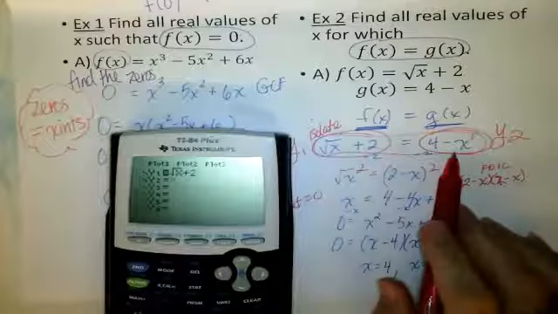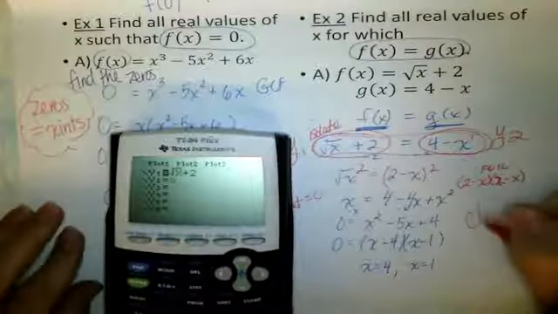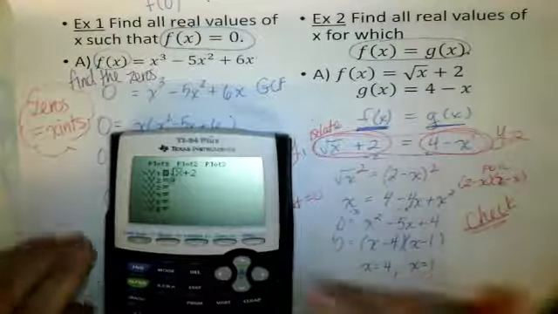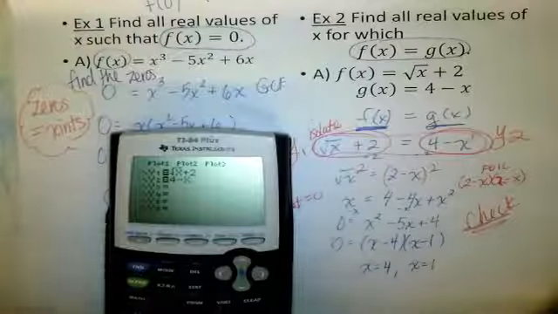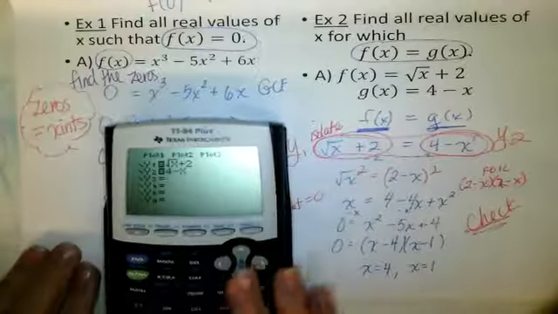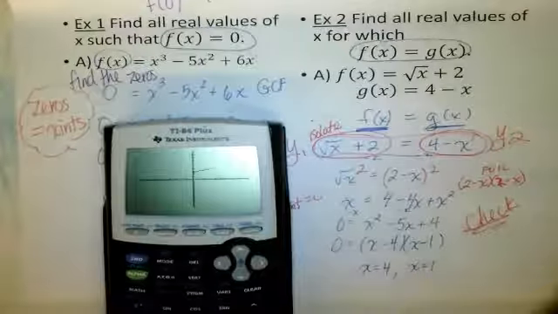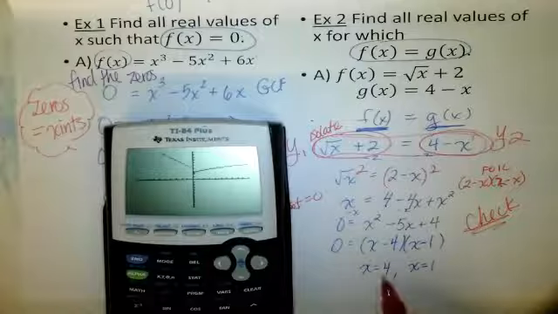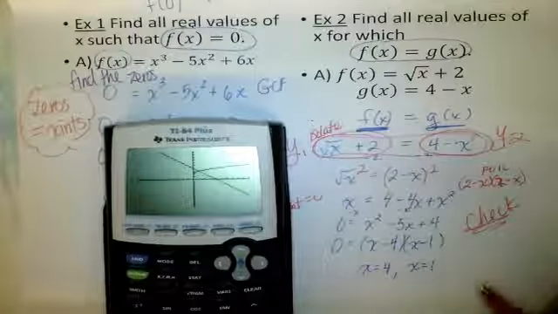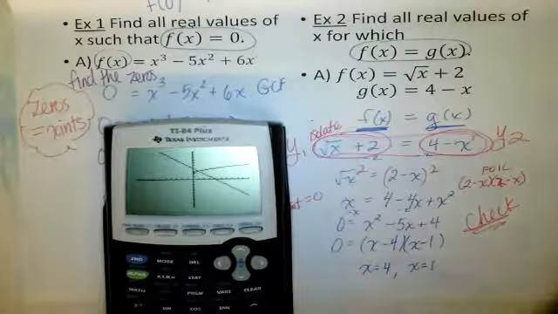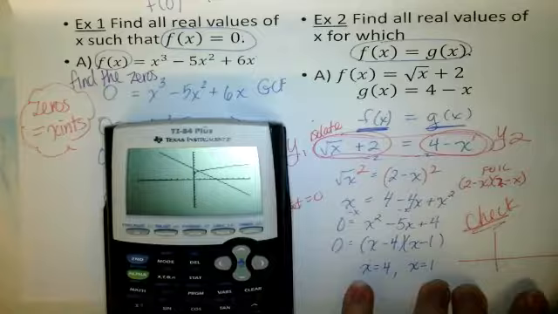And then 4 minus x in y2. All right. And we're going to graph it. And if there were 2 solutions for x, we'd expect to see 2 intersection points. But how many intersection points do we have?